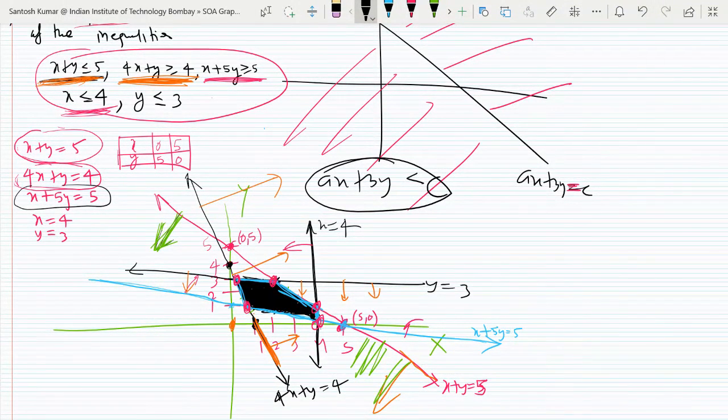To get the optimal solution, this is a feasible solution. The shaded region, the black portion you see in the graph, is actually the feasible solution. And there is a result that a corner point of the feasible region gives the optimal. Like in calculus, a critical point can give you the maximum or minimum value of a function.